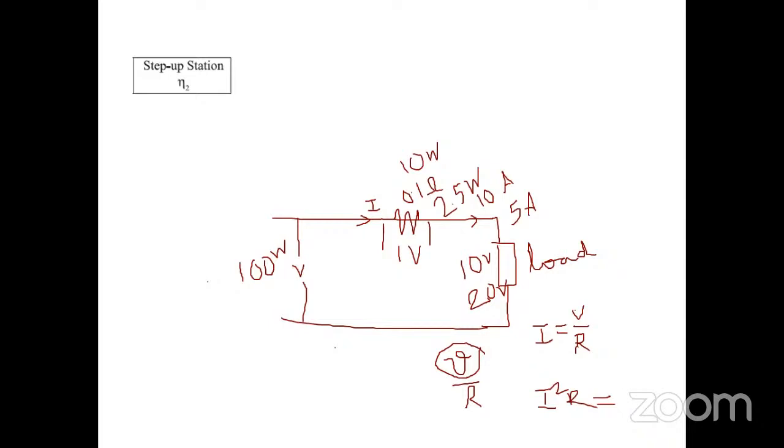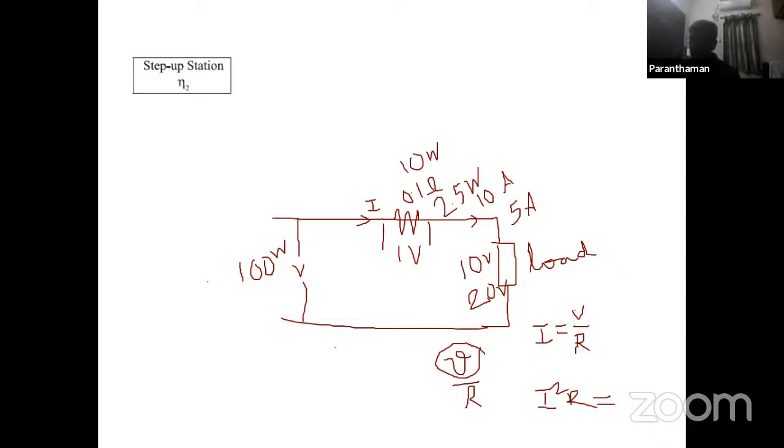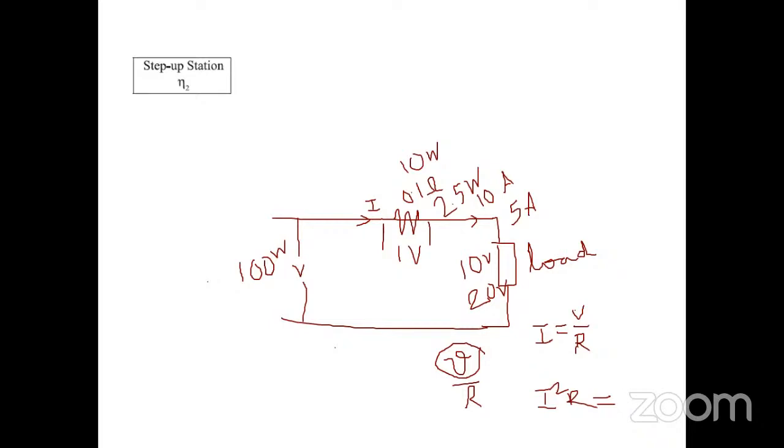Consumer end, HT consumer. And then there will be the LT switchgear network. This switchgear will lose 5%, so again multiply it with 0.95.